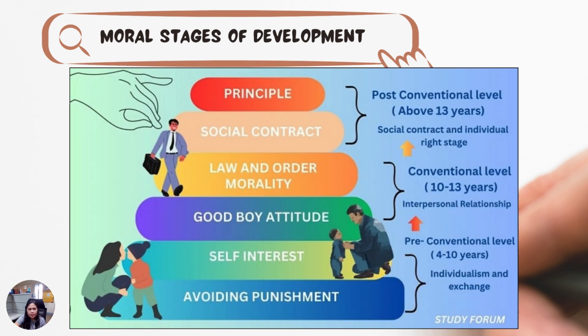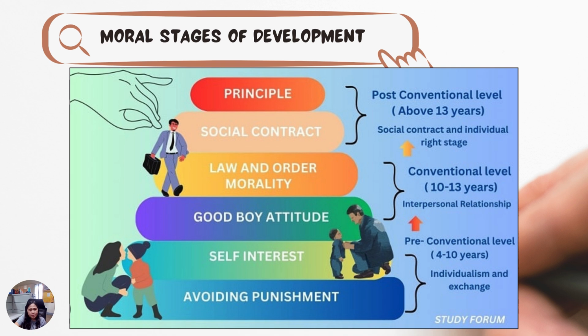So as you can see here, there are corresponding age groups to each of the stages, but it is not a guarantee that we do not step back or regress to the earlier stages of morality. It is not a given fact that once we reach 40, we are always in the post-conventional level of morality.